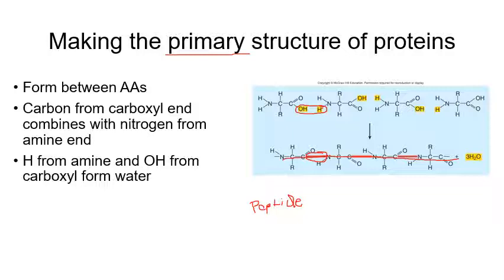What makes different proteins is which R groups are present. The code in the DNA tells us which amino acid goes where, which one's first, second, third, and they can be of all different lengths and have all different kinds of amino acids. This chain of amino acids is the primary structure of the protein.